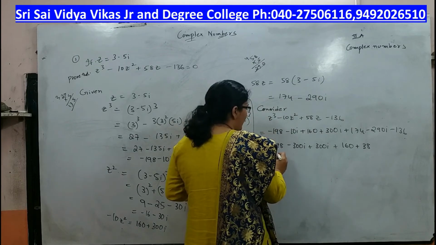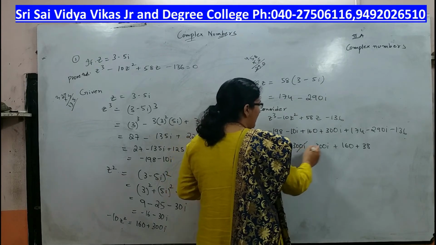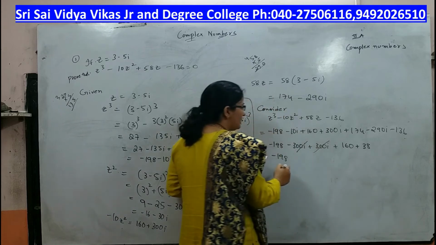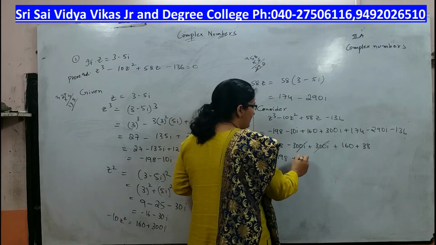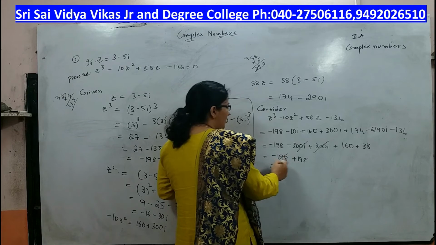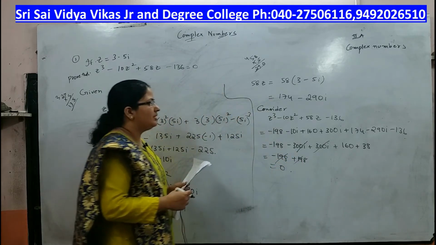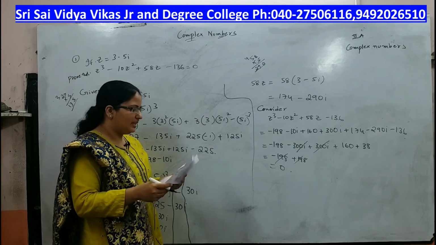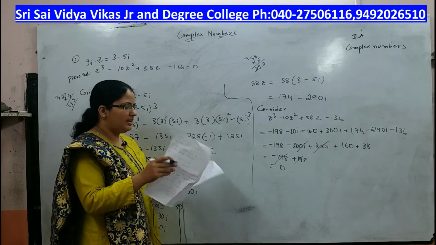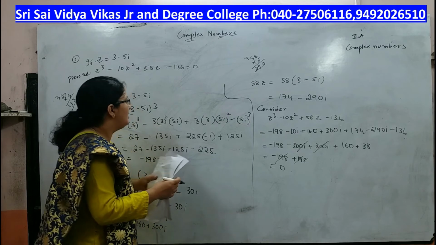You have minus 198 plus 160 plus 38, minus 10i minus 290i plus 300i gets cancelled, minus 198 plus 198, both if you cancel, you get 0. So that is the answer. I'll give one problem for homework of the similar kind.